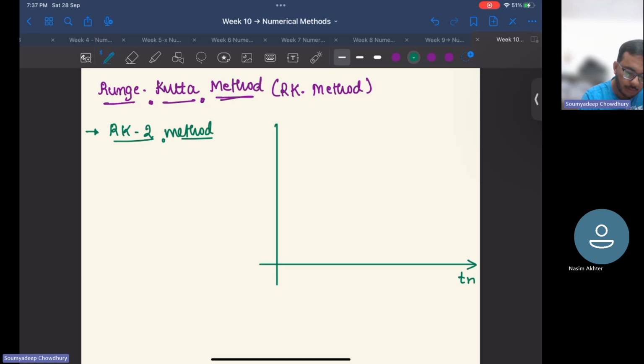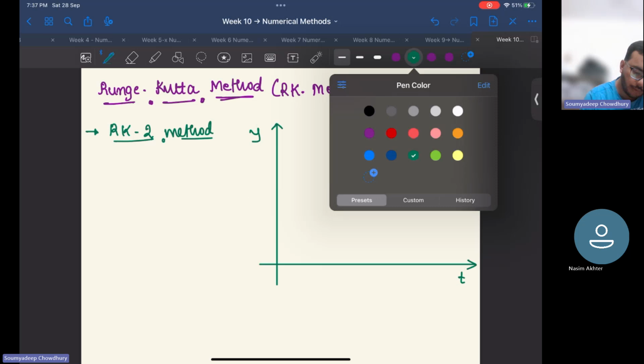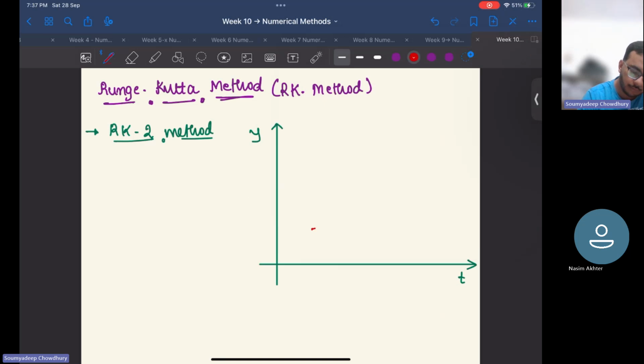This is y, this is t. And we have the function. So this is your actual function or the actual trajectory. And we have 2 points here.